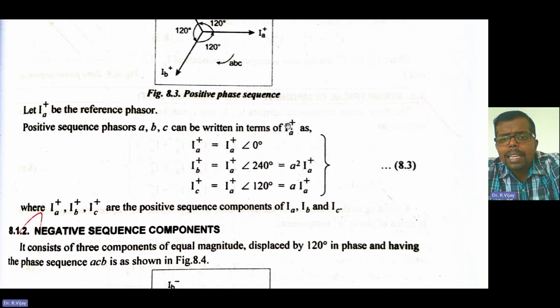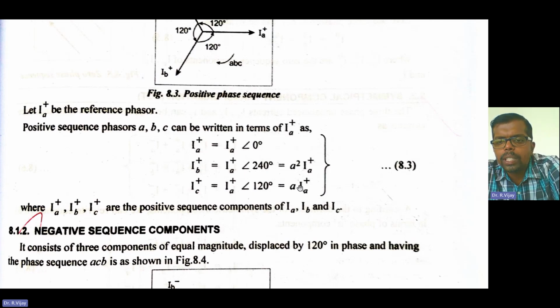How to write all these three phase currents, that is IA plus, IB plus, IC plus, in terms of IA component is IA plus is equal to IA plus at the angle of 0 degree that you know. Next, IB plus is equal to IA plus at the angle of 240 degree. That is nothing but A squared into IA plus. Next, IC plus is equal to IA plus at the angle of 120 degree.